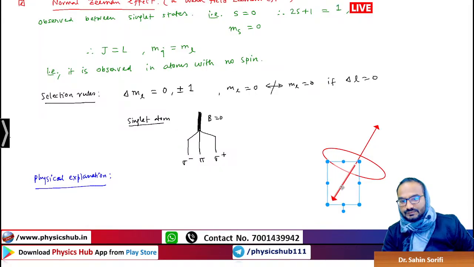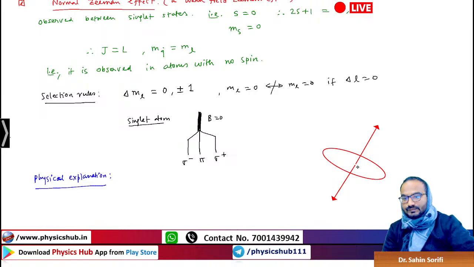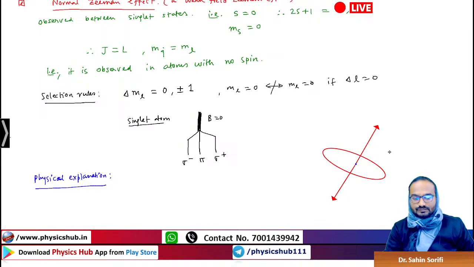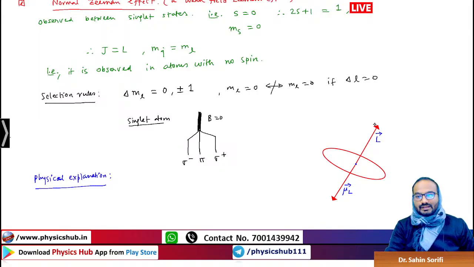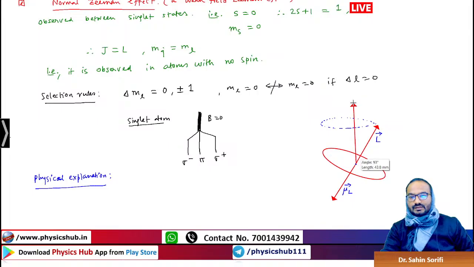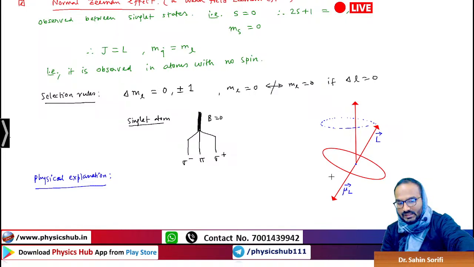Do you remember or forgot? This is L and this is the direction of mu L. Now L will precess about the magnetic field. Let's say the magnetic field has been applied along this direction.